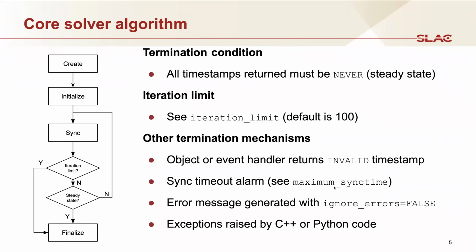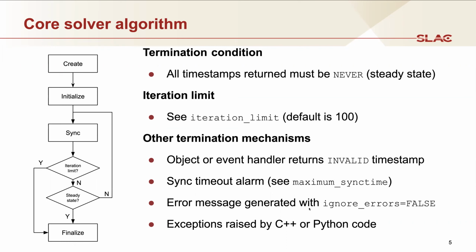The default, I believe, is 60 seconds, which is a very long time for a single object to synchronize. But as it happens, there are some solvers which actually do need that much time to solve. In particular, Newton-Raphson swing buses, I believe, may need that much time to solve the Newton-Raphson problem.